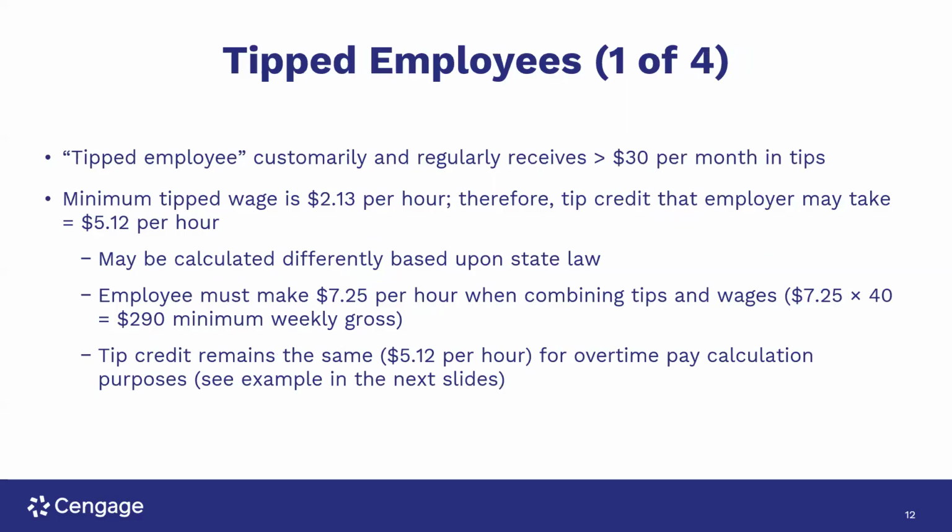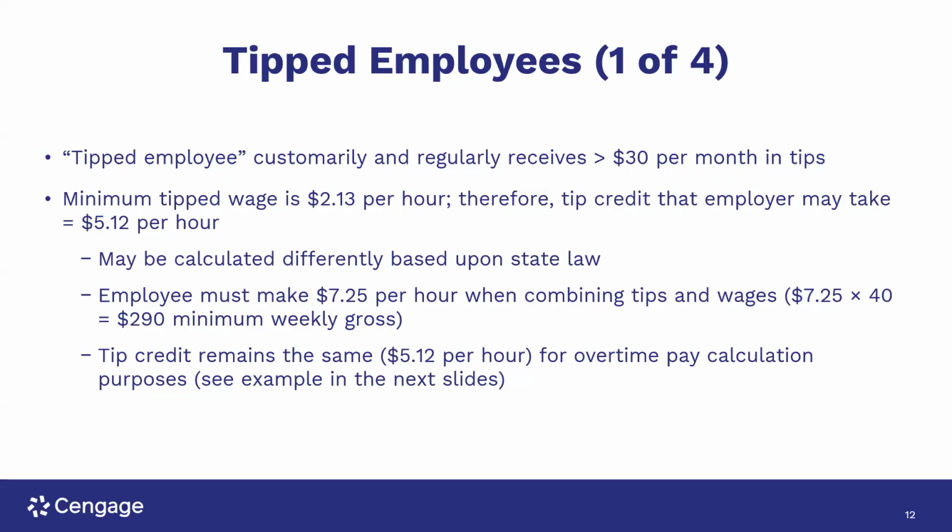And tipped employee is defined as an employee that would customarily receive $30 or more per month in tips. And the minimum tipped wage per hour is $2.13, and that's because the employer may take a maximum of $5.12 per hour credit of tips against the minimum wage of the employee.